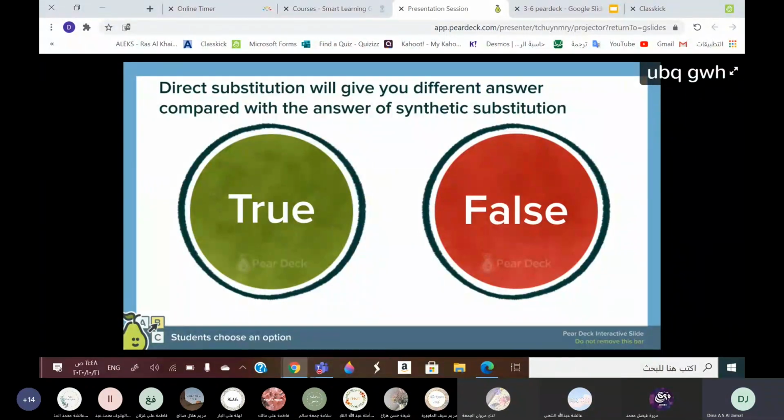Salama, can you read the question? Direct substitution will give you a different answer compared with the answer of synthetic substitution. True. Please, all of you answer. Is the direct substitution giving you a different answer than the synthetic division?